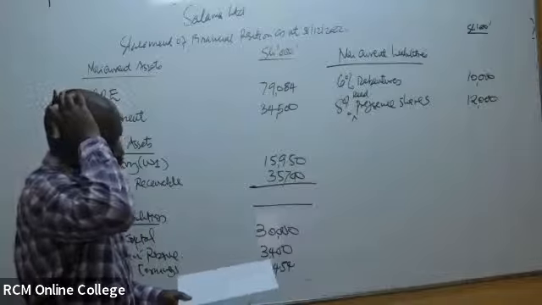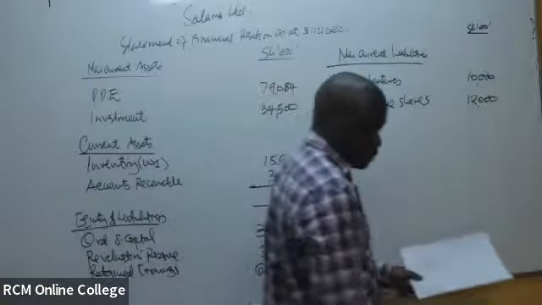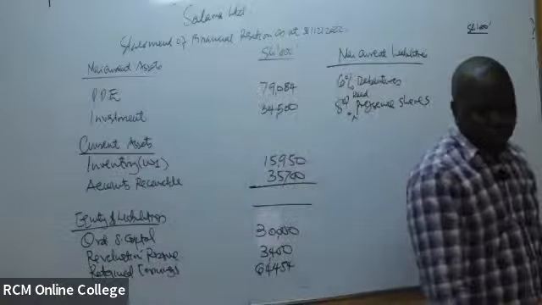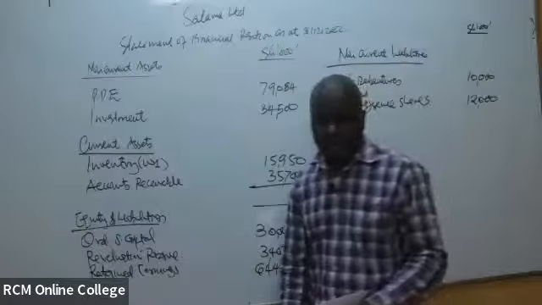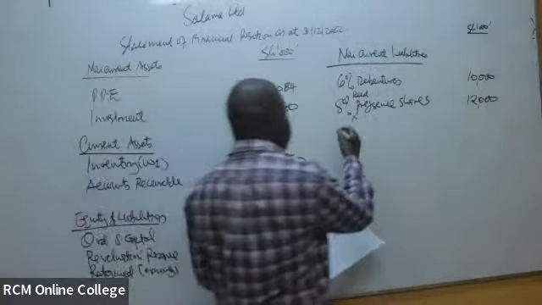Investment income? No, try to think. There's an item I told you will always be recognized as a non-current liability. Deferred tax. So it is deferred tax.